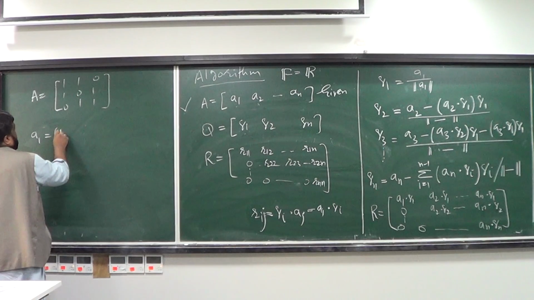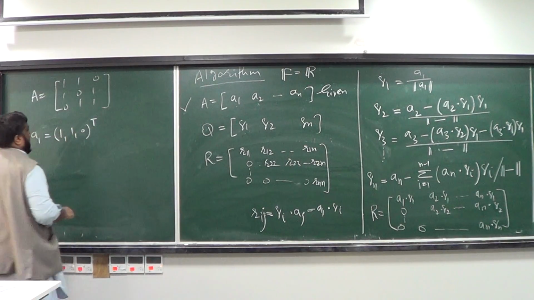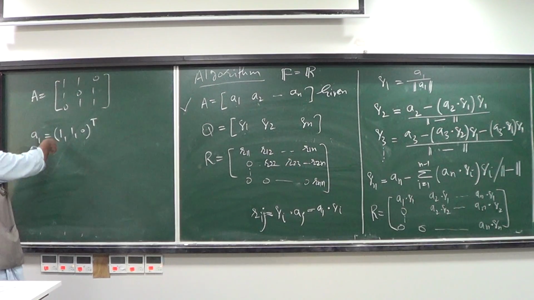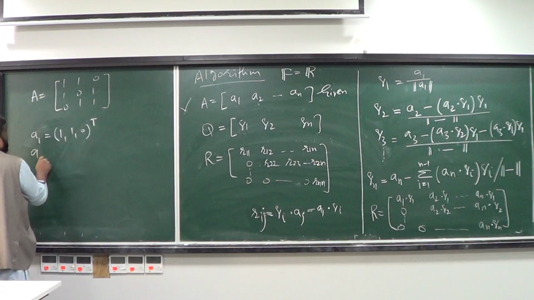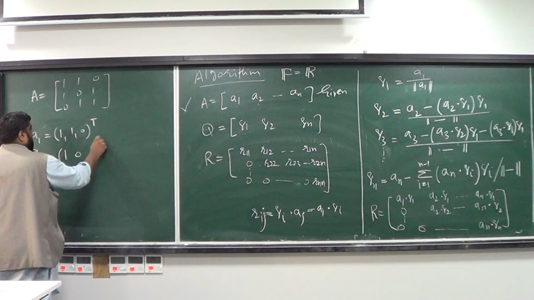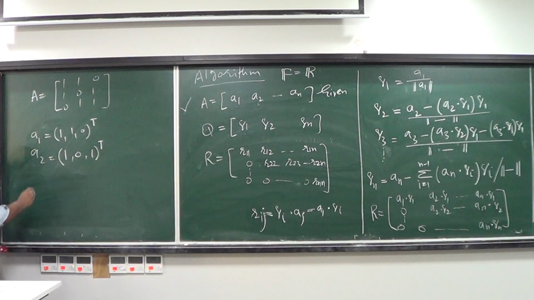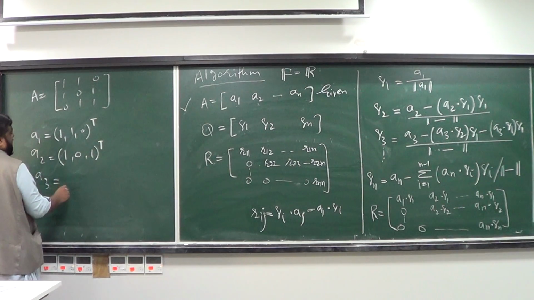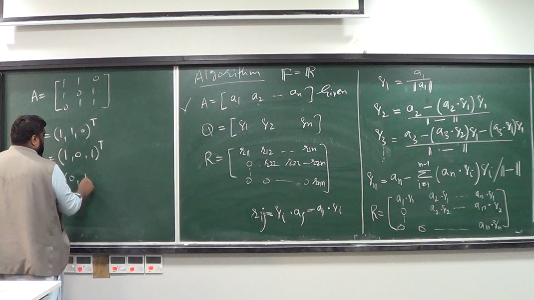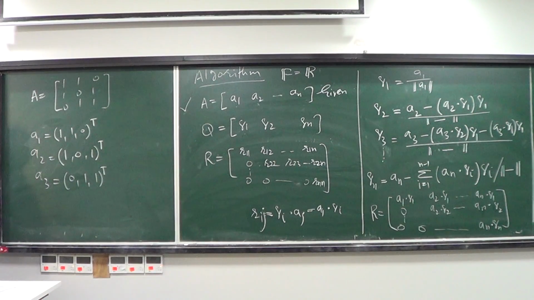In other words, it's the vector (1, 1, 0) transpose. When I transpose it, it's going to be a column. A2 is (1, 0, 1) transpose, and A3 is (0, 1, 1) transpose.